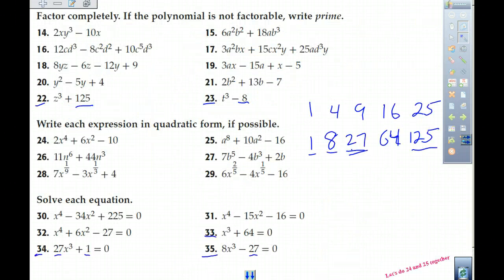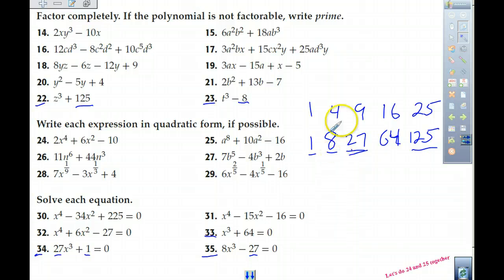Good. You guys will have some fun with that. Lastly, for number 24, it's just asking you, can you write this in quadratic form? So here's a good example. Basically, you're looking for a trinomial, and the exponents have to be similar.